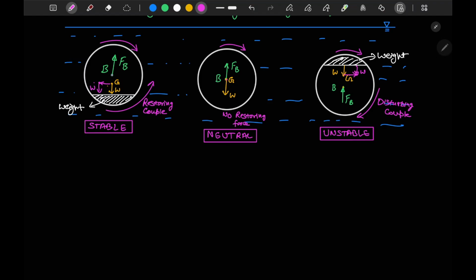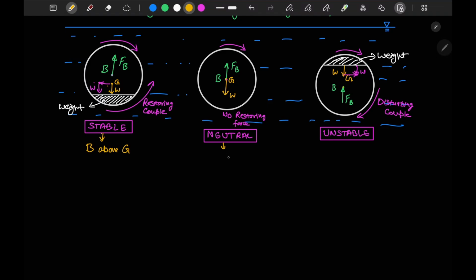Unstable equilibrium. Okay, so if I want to write your conditions here, I can say that stable equilibrium means that your B must be above G. Your neutral equilibrium, what does neutral equilibrium mean?